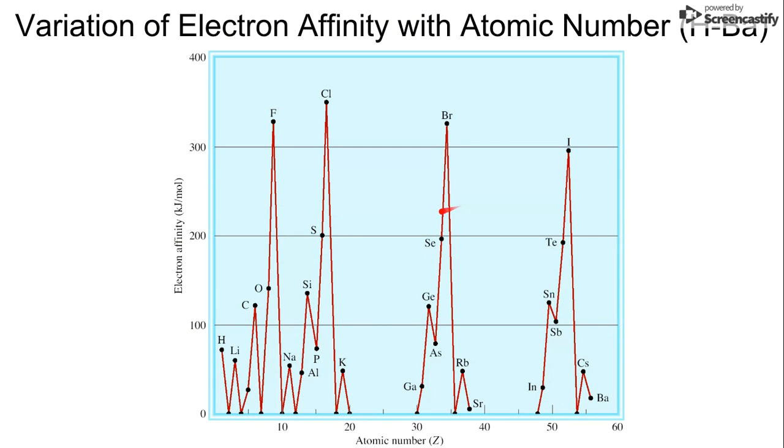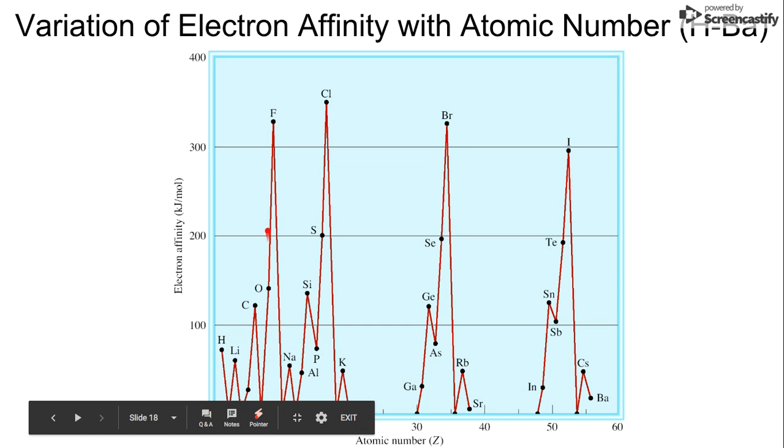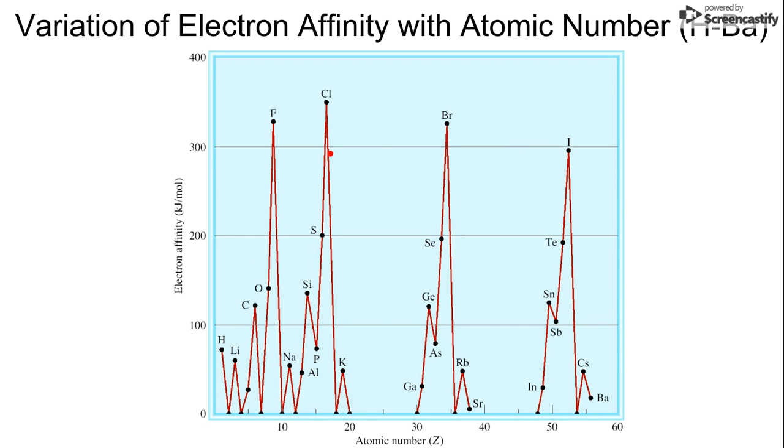And so you can see, again, in general, going across the table, we have electron affinity increasing as we move from left to right. And so that pretty much completes our discussion of periodic trends. Again, the key is effective nuclear charge. It can explain everything that we deal with here.